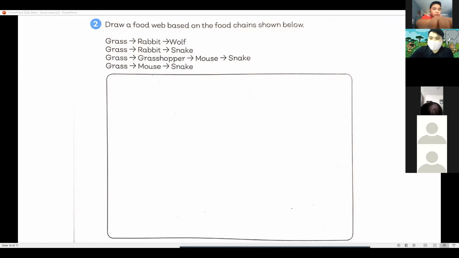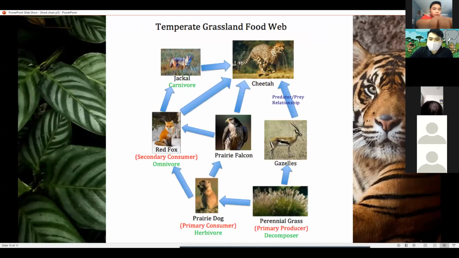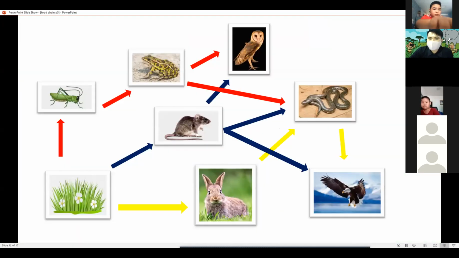You don't know how to draw. I'll help you. So you can look here. We have the rabbit, right? The rabbit and the snake. Snake is the alpha.